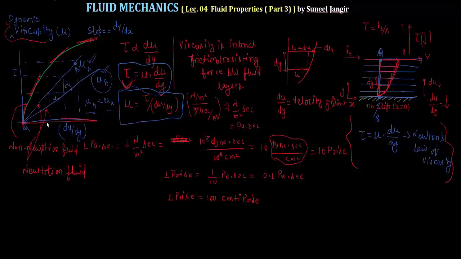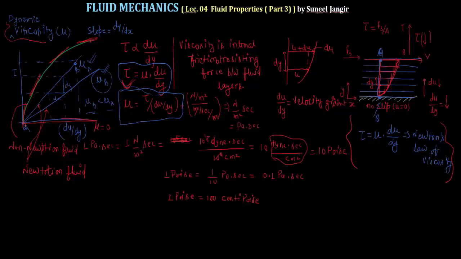For this line, the slope is actually 0, because as we move from this line to this line, the slope increases. For this line the slope increases, and for this line the slope is maximum. So for this line the slope is 0. If the slope is 0, we can say that mu is 0 for this case. It means the viscosity is 0.